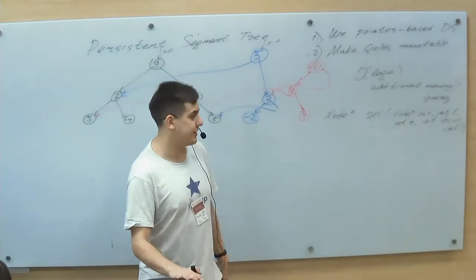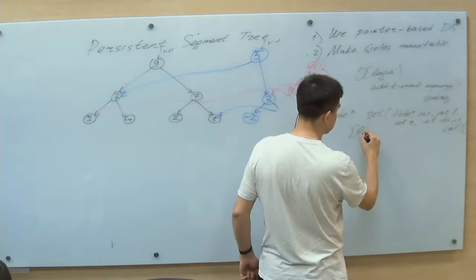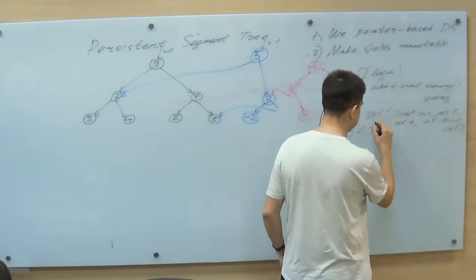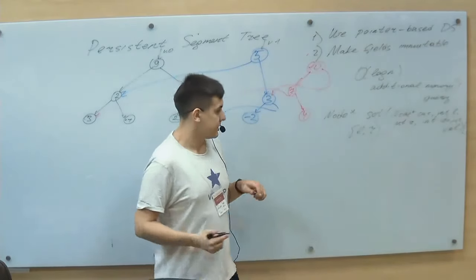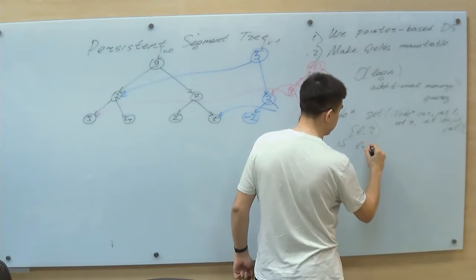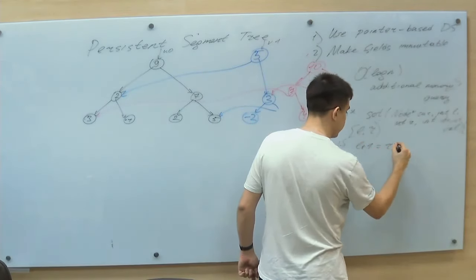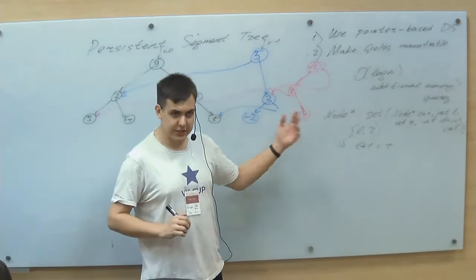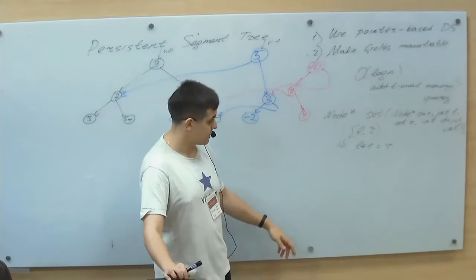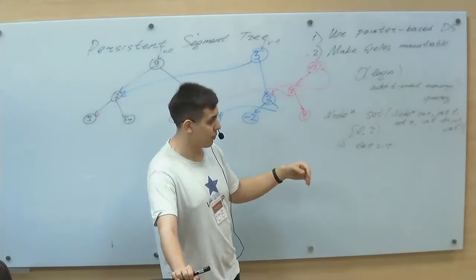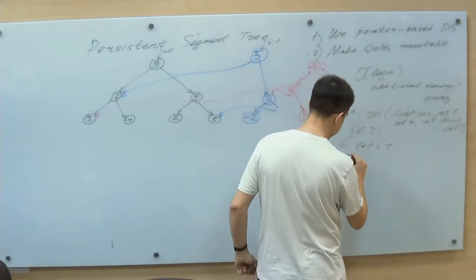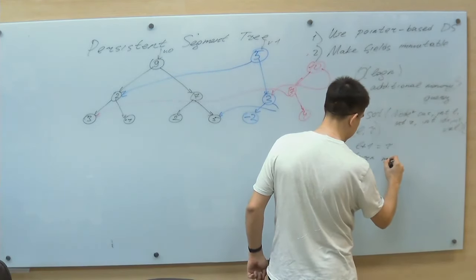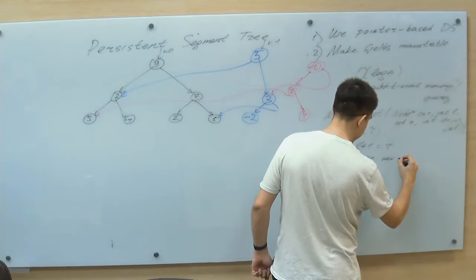So, if you are already at the leaf, so I usually use, by the way, and I recommend you to use half intervals, but that doesn't really matter. So, if L plus 1 is R, this will work as follows. We will create a new copy of the leaf with the new value.